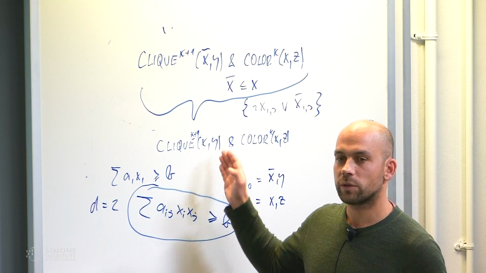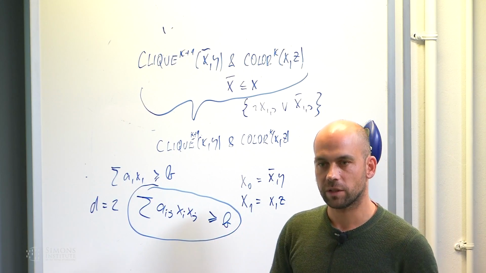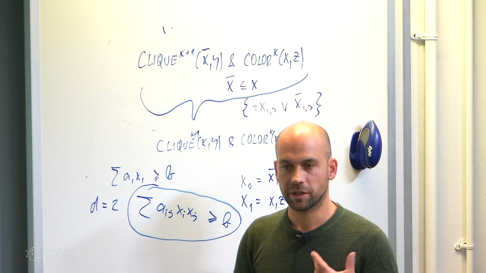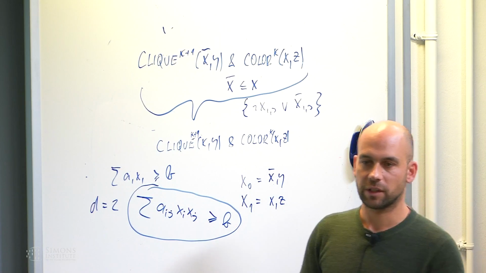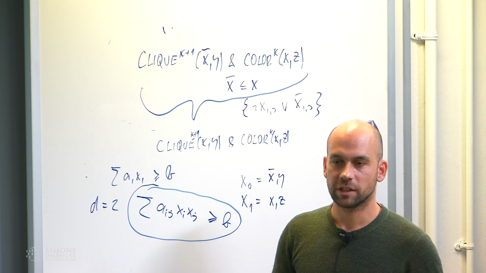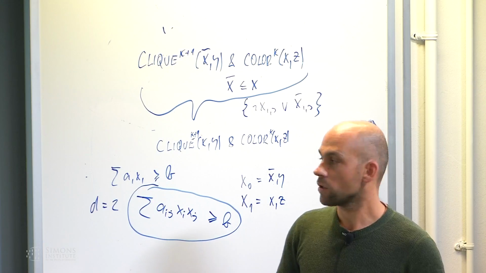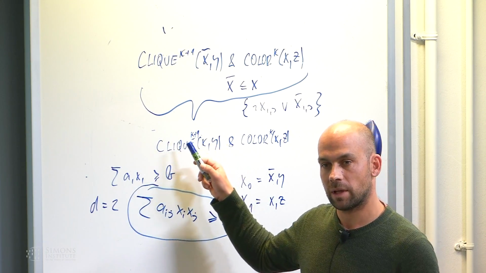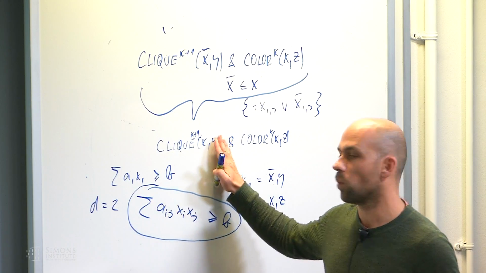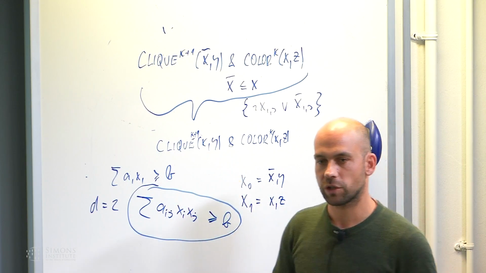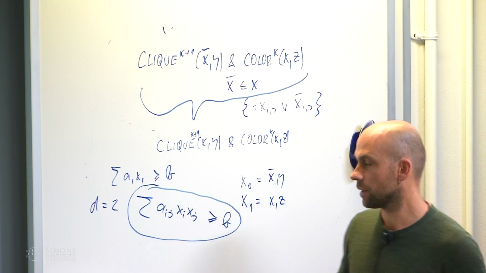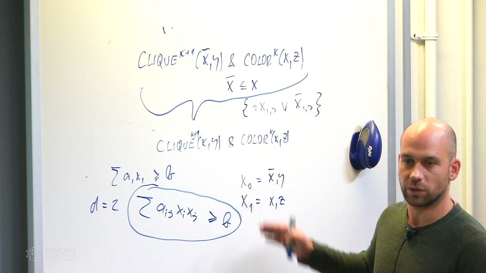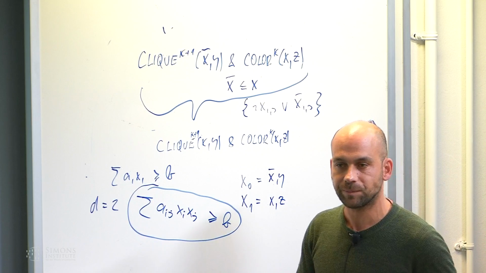So the role of the y is to shrink the formula and to have something which expresses that the graph has a clique, but expresses it in a succinct way. So the size of this formula is polynomial in the size of the graph. If I didn't have the y, then it would be exponential. So that's the role of the y, and similarly, the role of z is also just to shrink the formula.